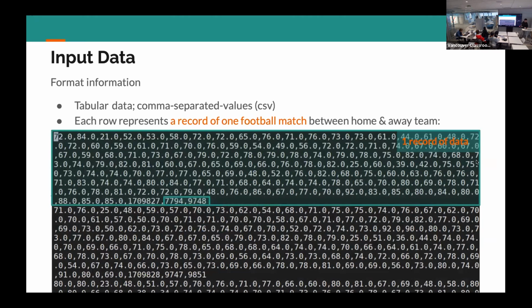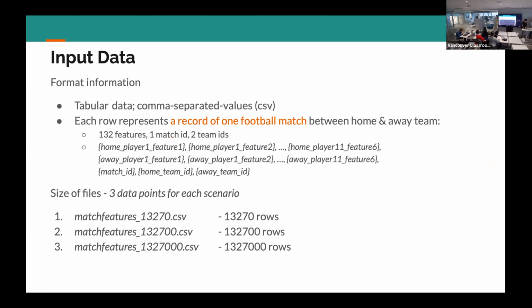So the input data, as explained before, is a bunch of boring data like this. For one record, all these numbers are the ratings for the players in the team. And the last 2 numbers are the home team ID and the away team ID, which will be the key for the map task.